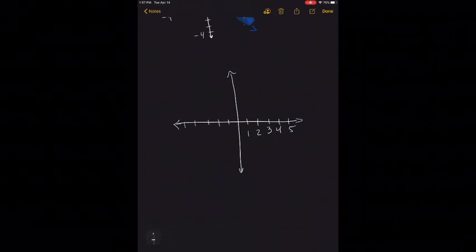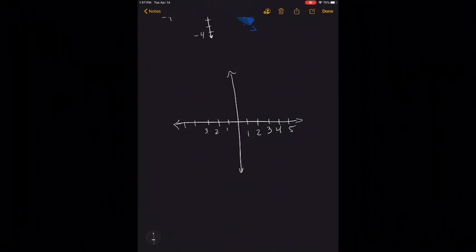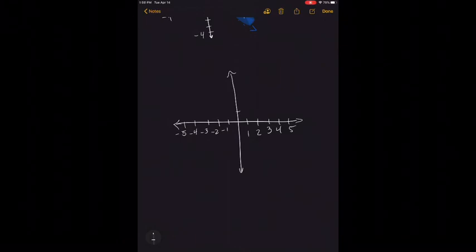I'm going to actually redraw that one. Okay, and our equations are y is less than or equal to x plus 1, and y is greater than negative x.